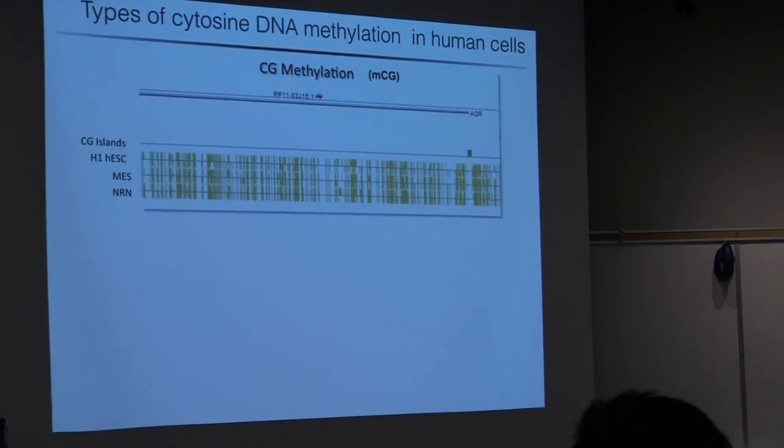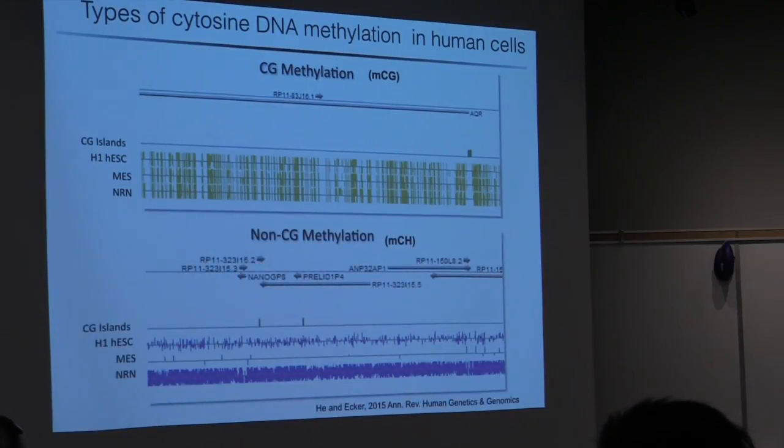This is what we understand of methylation profiles, the standard ones, if you're looking at an embryonic cell or a mesenchymal stem cell or a neuron. And this is the pattern that we see for now removing all the CG in blue, the non-CG methylations. This is that body methylation that I told you about, that exists in stem cells, but goes away more or less when you start to differentiate those cells.